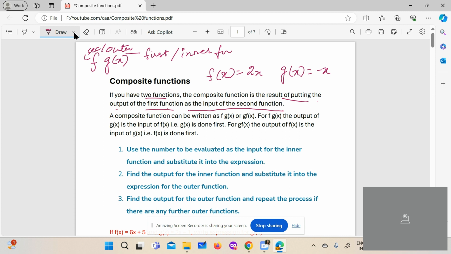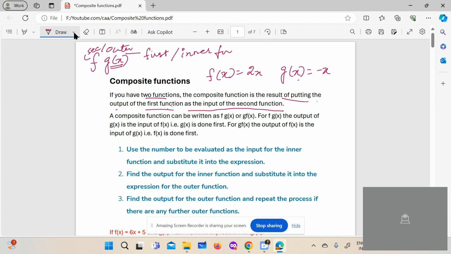So if you have two functions, the composite function is the result of putting the output of the first function as the input of the second function. Whenever we are solving a composite function, we put the result of g of x in as the input of the second function.